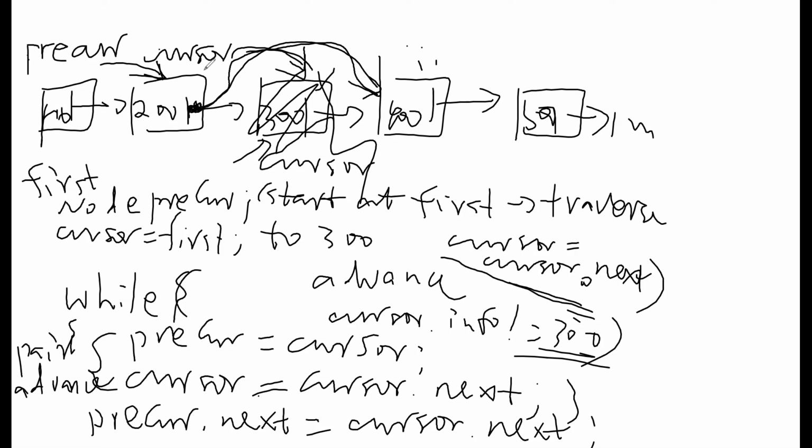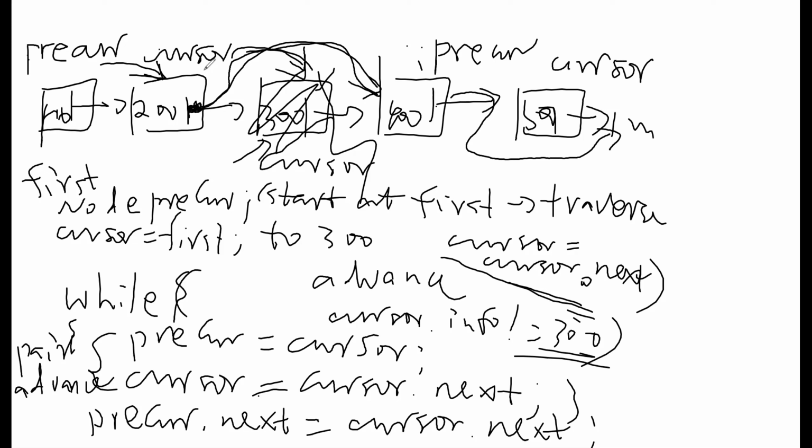And like last class we discussed, when we do insert, insert in the middle can also take care of insert at the very end. So let's see if this will also take care of that case. Suppose the cursor is here. It is the last node you're going to remove, and here is the precursor. So what you're going to do is you let the precursor's next point to the cursor's next. So the cursor's next is what?